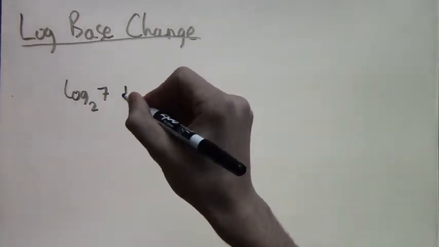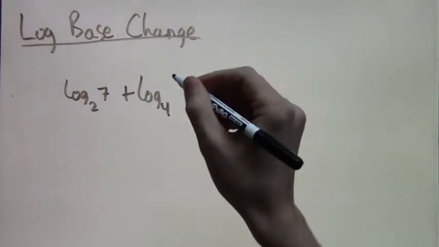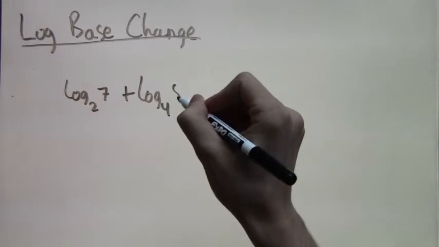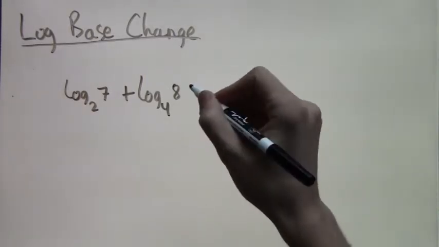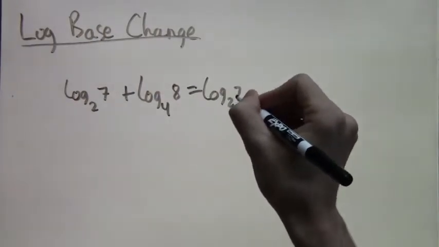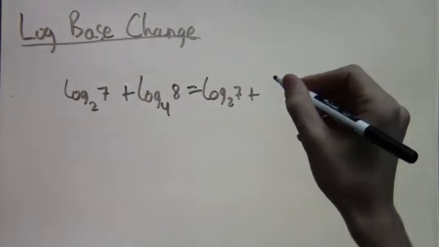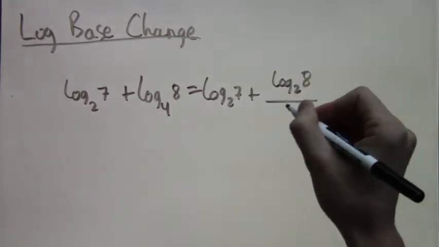Here's another way you can use it. Let's say you have log base 2 of 7 and you're adding log base 4 of 8 to it. Ordinarily, you'd want to multiply what's inside of the logarithms, but that would only be true if you had the same base for both logs.